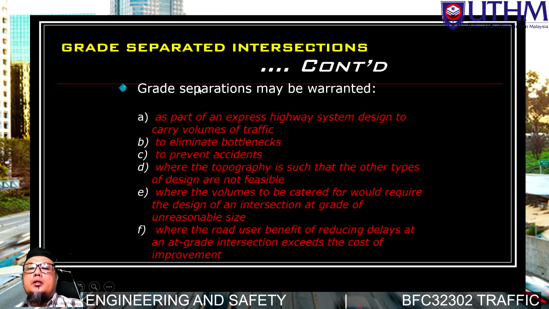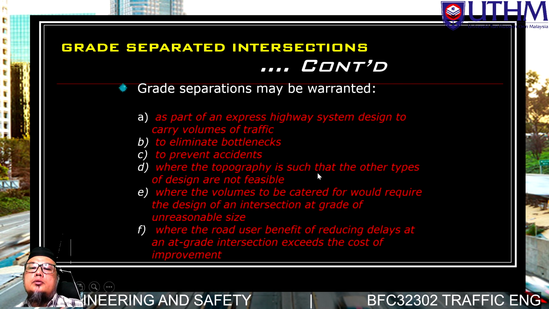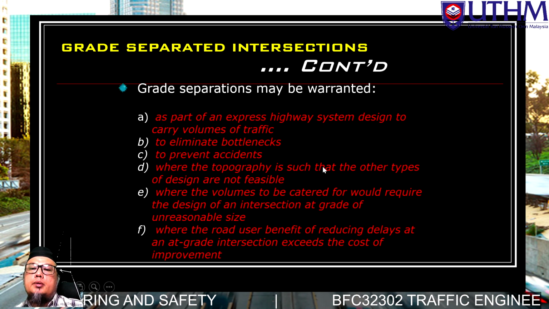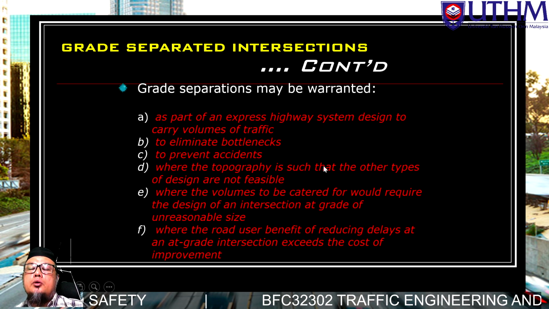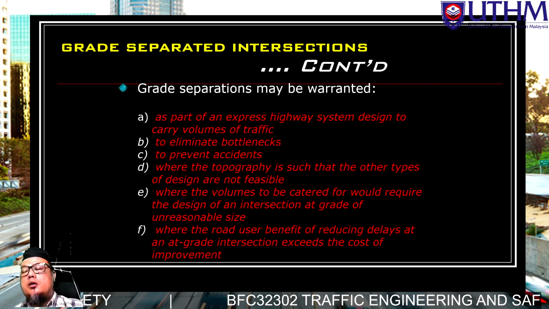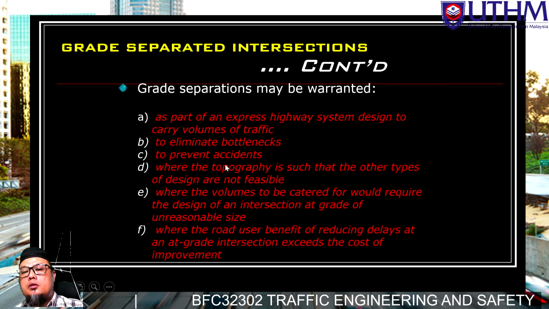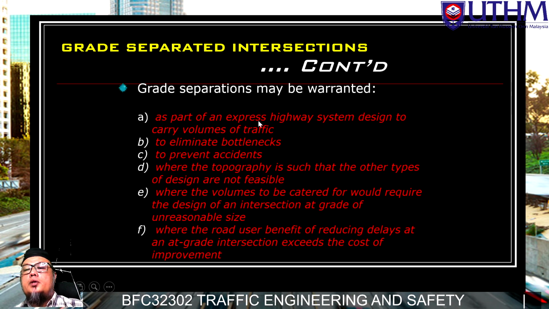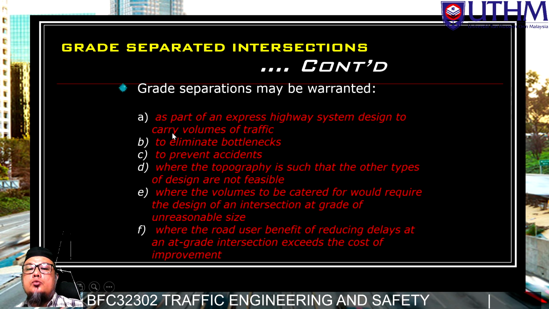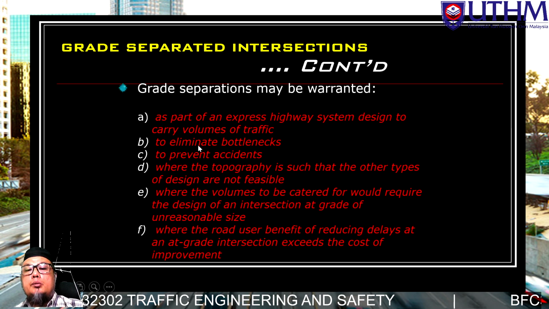So there is a grade separation warrant, because the cost to construct grade separation, elevated highway or interchanges is very high. It is part of the expressway system designed to carry volume and eliminate bottlenecks.